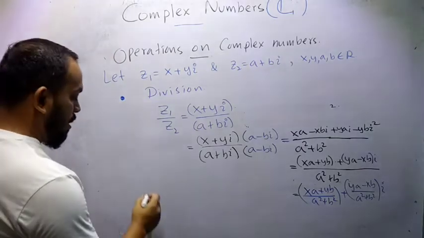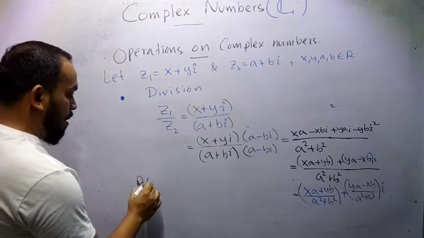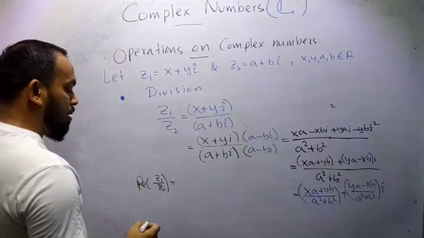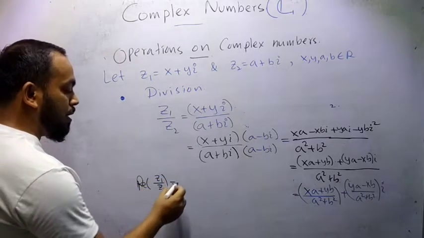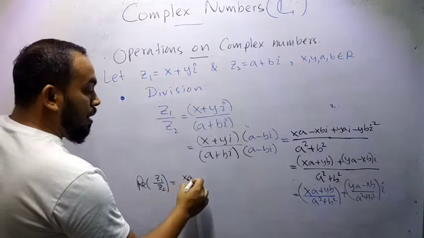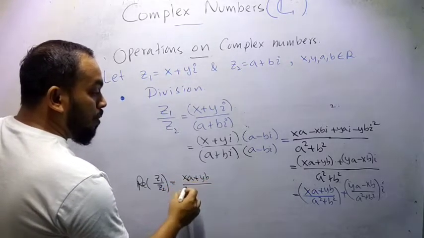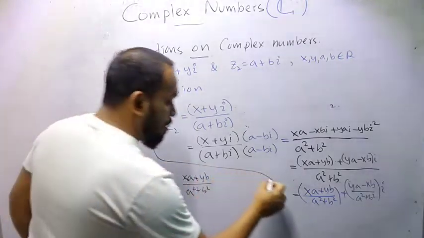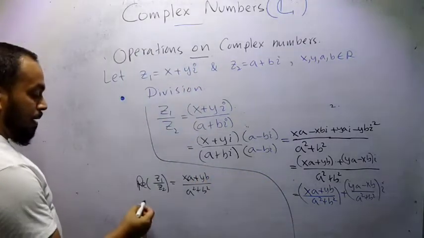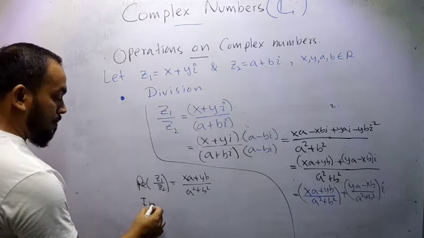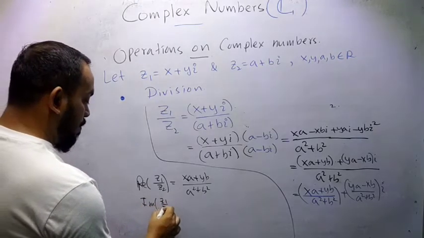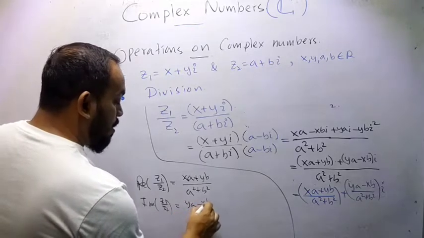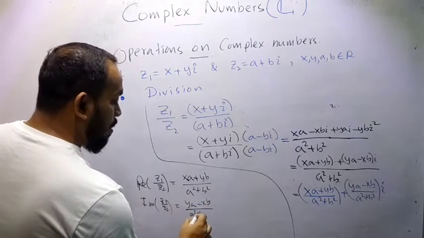So the real part of z1 over z2 is xa plus yb over a squared plus b squared, and the imaginary part is ya minus xb over a squared plus b squared.